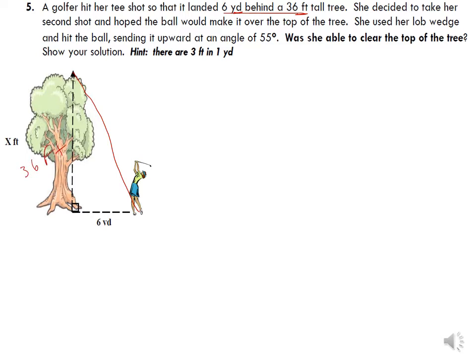Now we have to do a simple conversion here. And there's 2 ways to do this. You could convert feet to yards or yards to feet. I'm going to convert yards to feet. And since there are 3 feet in 1 yard, if I have 6 yards, if I do 6 times 3, that gives me 18 feet.